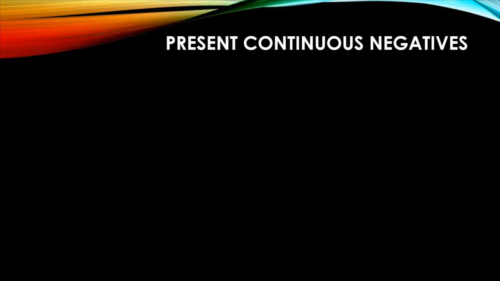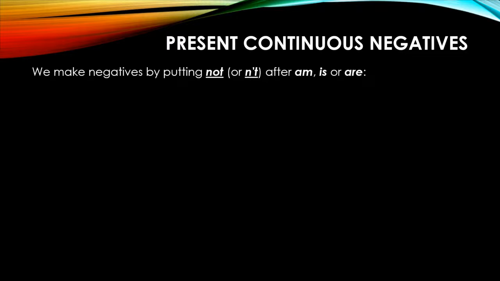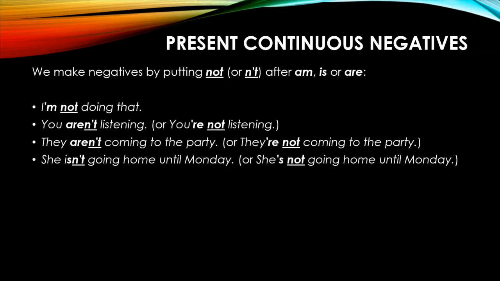Present continuous into negative. If we make positive present continuous sentences into negative, what will they look like? We make negatives by putting not, or in short form, as written in the brackets after am, is, are. Let's see an example: I am not doing that.